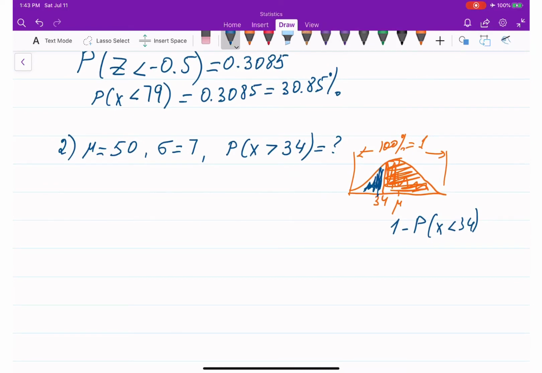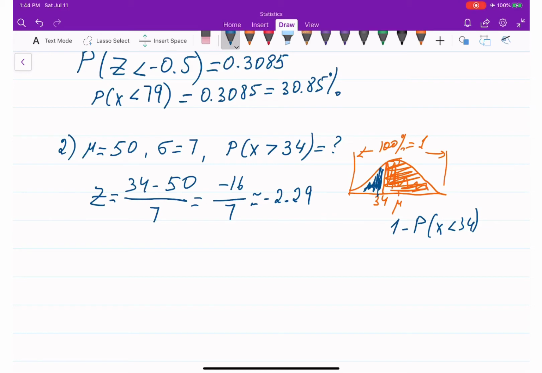So z-score is equal to x, 34, minus mean, 50, divided by 7. 34 minus 50 is negative 16, and divided by 7, we get approximately negative 2.29. I'm rounding to 2 decimals because the table can show 2 decimals.